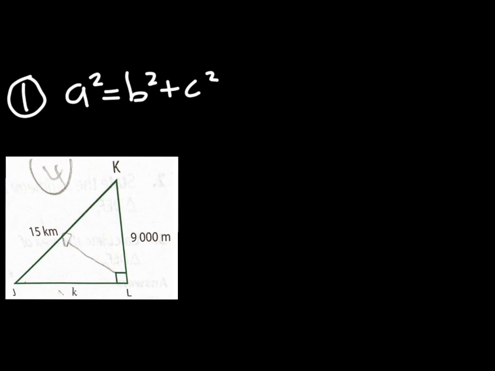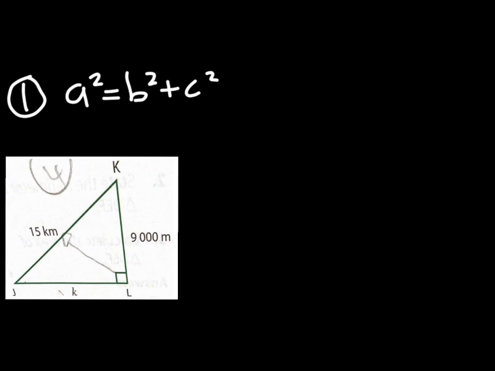So for question 1, we see that we do have a right-angled triangle, therefore we can apply the Pythagorean theorem. So which is our missing side? As you can see, we already know the length of the hypotenuse as well as one other side.